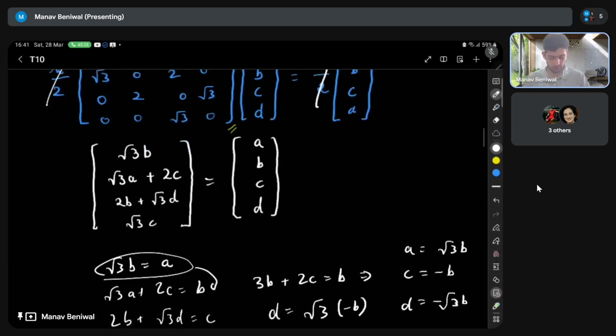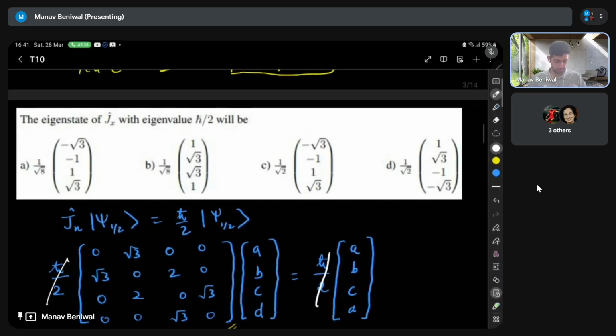Okay, so let's look at the options. There is no option with 1 here, minus root 3.